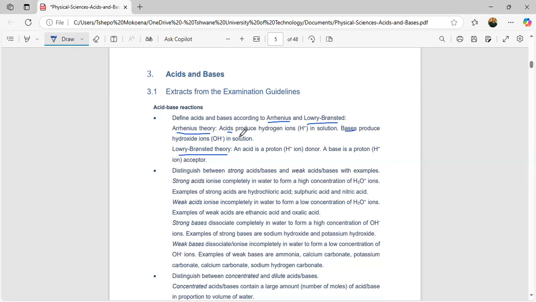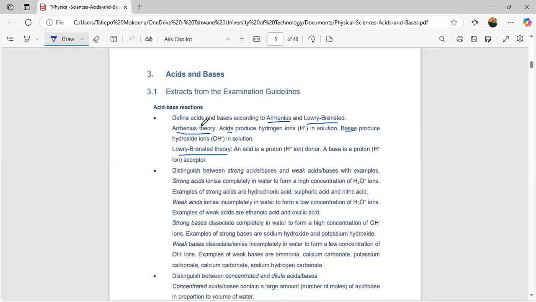According to Arrhenius, acids produce hydrogen ions in a solution. What does that mean? It means that if you take an acid, the H+ ions, the hydrogen ions, will be produced in a solution, and he explained the base as the production of hydroxide ions in a solution, which is OH- ions.